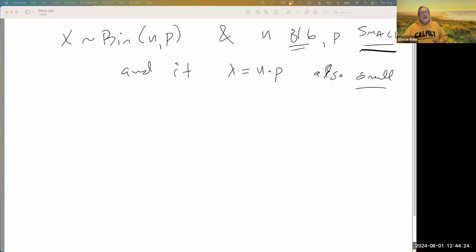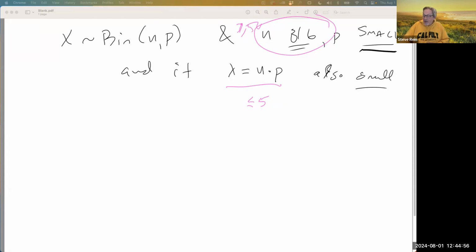I'm thinking big here, so n is greater than or equal to 50, and lambda, n times p, is less than or equal to, say, 5. Now, those are rules of thumb. Those are approximate, and those will bail out in some situations, depending on how precise you want to be. But here is an approximation.